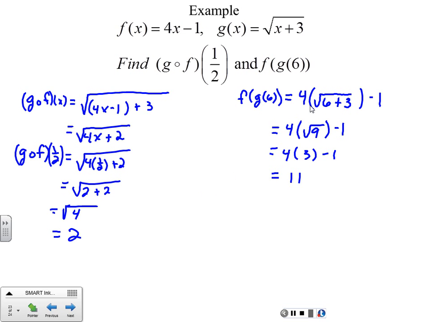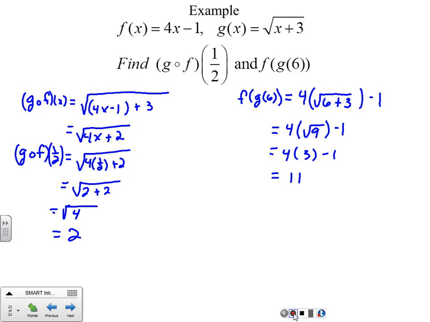Just remember, if you're going to go this way, you're not going to plug in 6 to F. What you're going to do is write down F and make a skeleton just like you normally would. And then when you go to plug in G of X, you're going to replace that X with the 6. Okay?